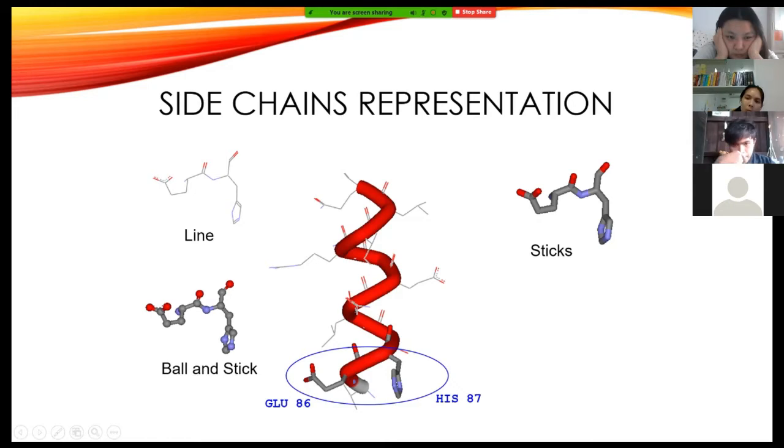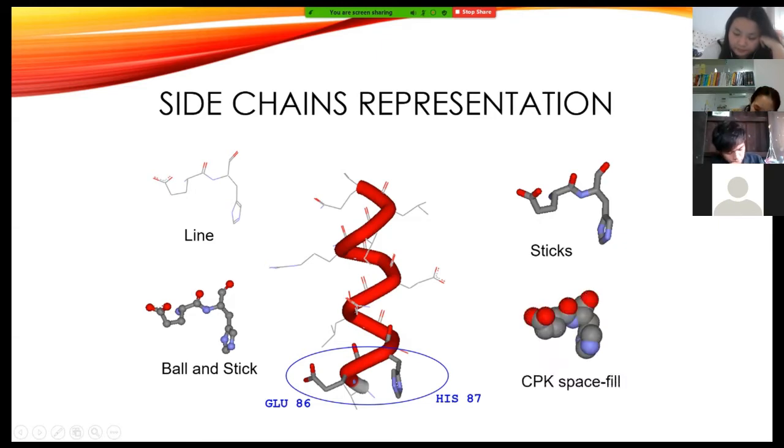The stick model is used a lot in X-ray structure drawing. Another one is called CPK space fill. They use the CPK color that I showed you earlier on, but the space fill basically has the radii of the spheres equal to the van der Waals radii.